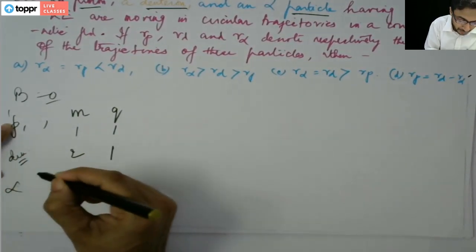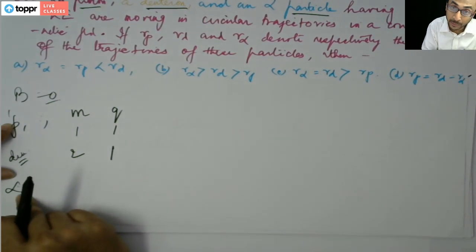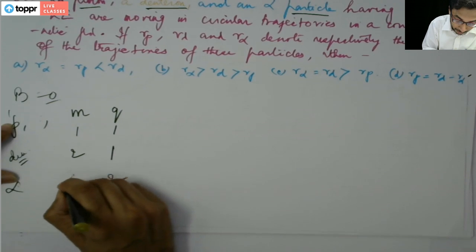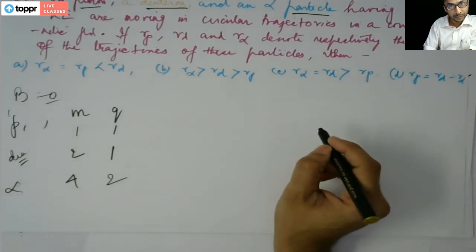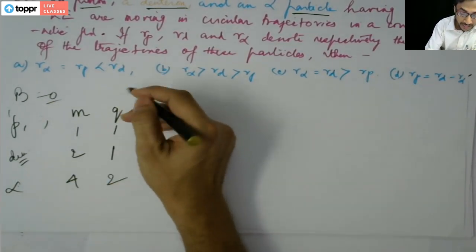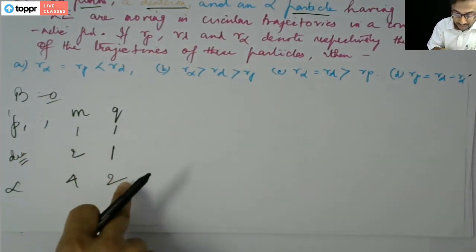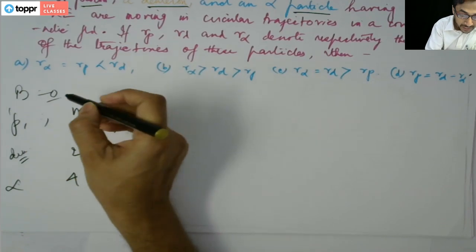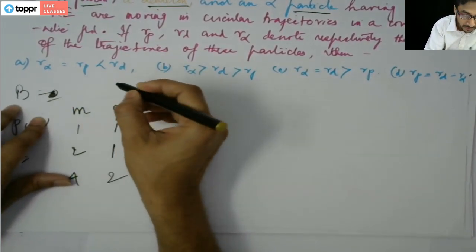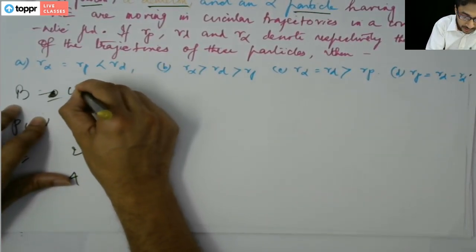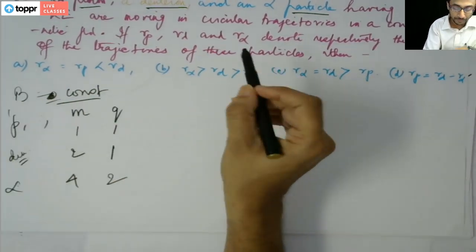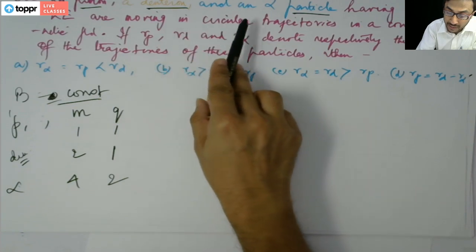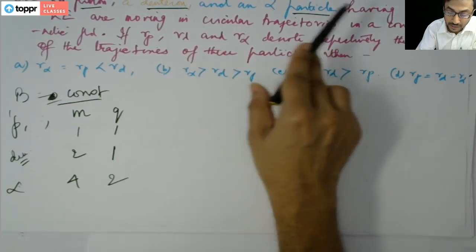And for alpha particle, which is a doubly charged helium ion, charge is 2, mass is 4. Right. So we need to understand that is the ratio of the masses and the charges in these three particles. Now B, sorry, I have written 0. It's not 0 but constant. Right. Having the same kinetic energy are moving in circular trajectories in a constant magnetic field.